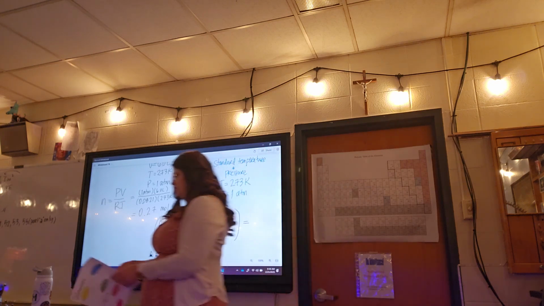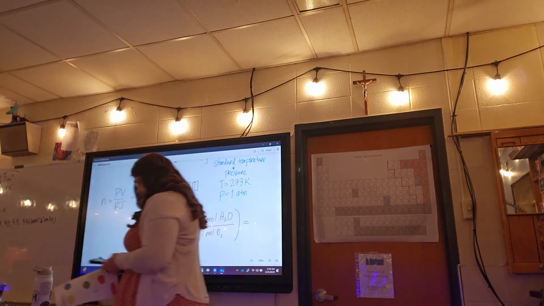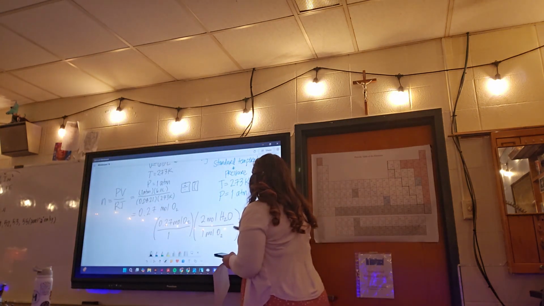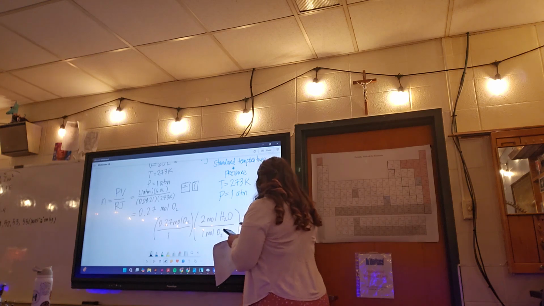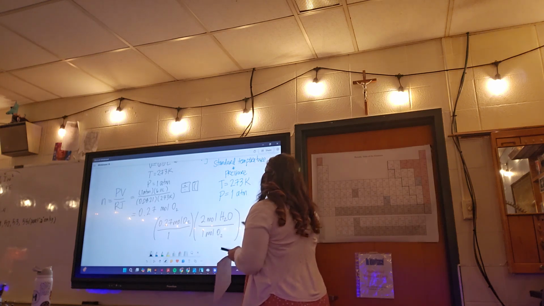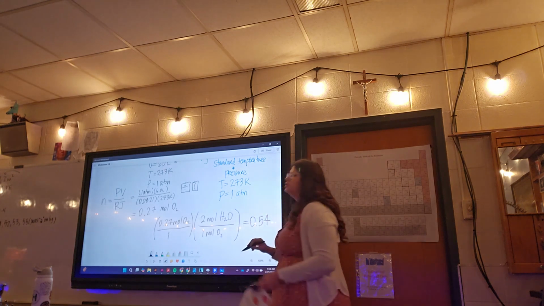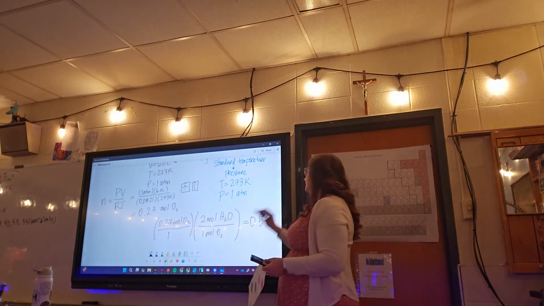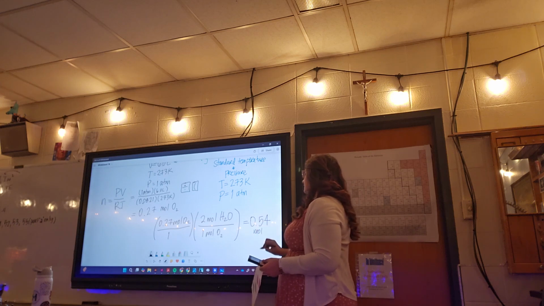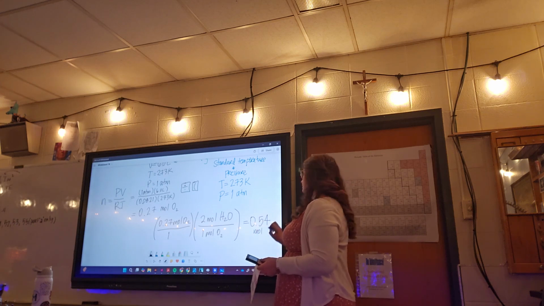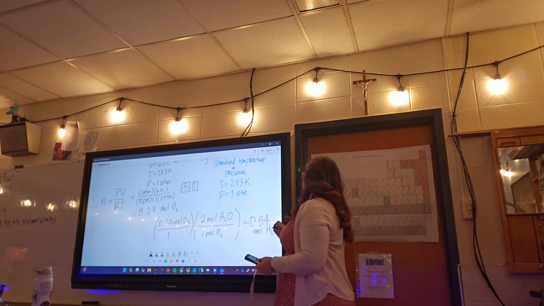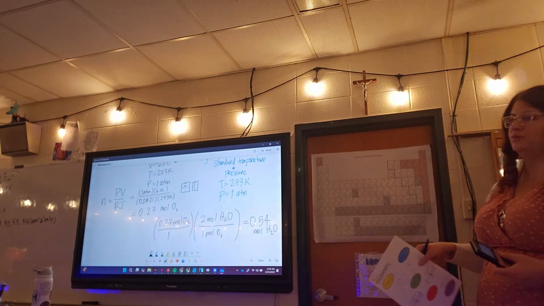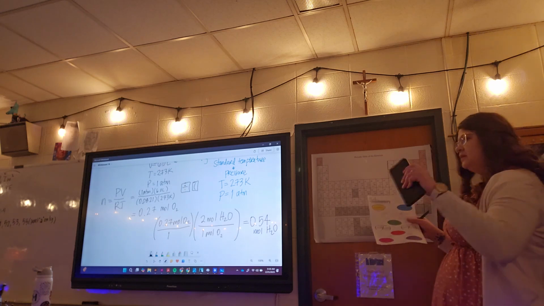Okay. You should get 0.54. What's your unit now? Of H2O. Good. Now we're in the red circle. Well, we don't want to end in the red circle. We want to end in the pink circle.